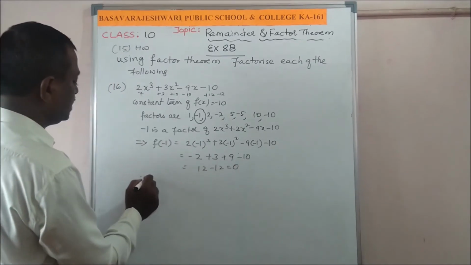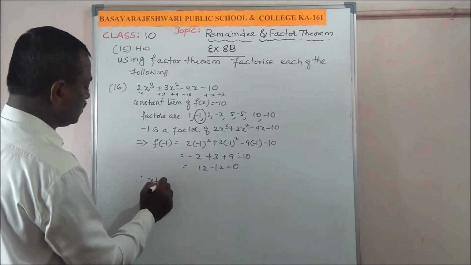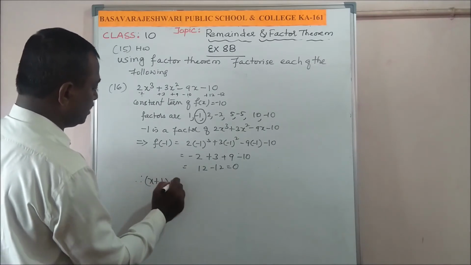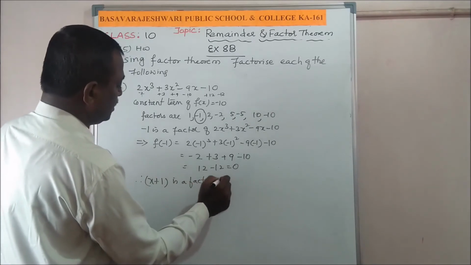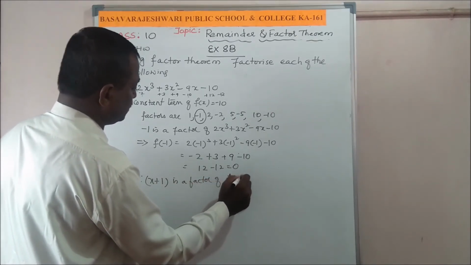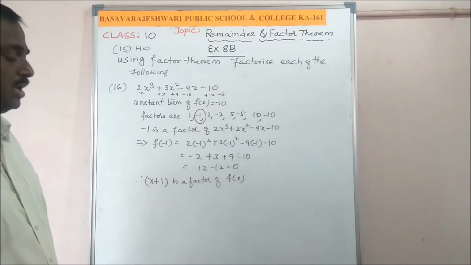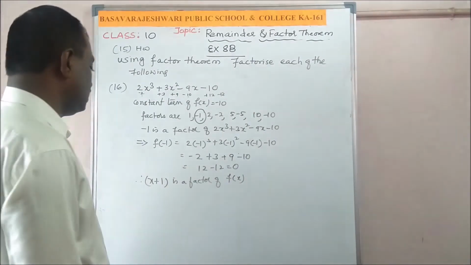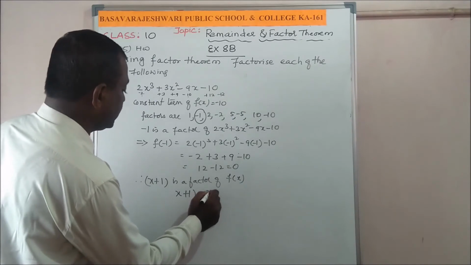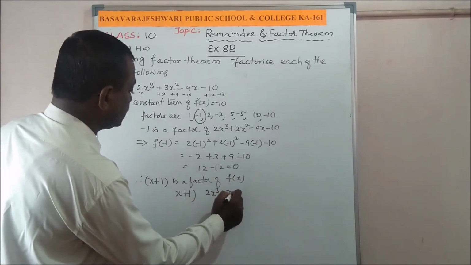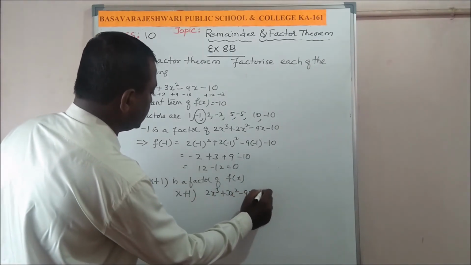This implies x plus 1 is a factor of f of x. So we have to divide it now. X plus 1, 2x cube plus 3x square minus 9x minus 10.